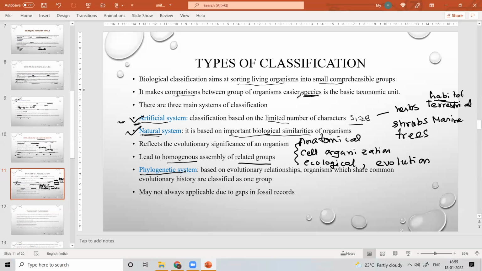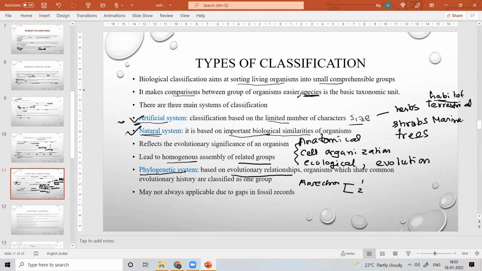Here the phylogenetic system of classification is based on evolutionary relationships, that means how the organism evolved. From one ancestor, two species may evolve.